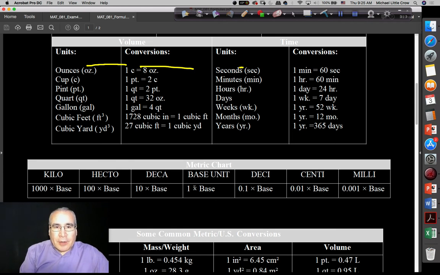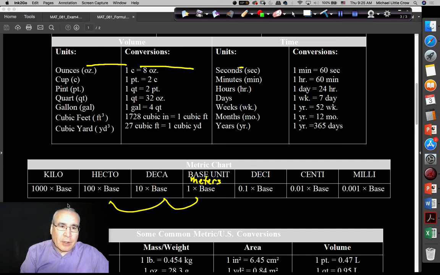So we want to move the decimal from here 1, 2, 3 places. So we're going from meters to kilometers. 1, 2, 3.